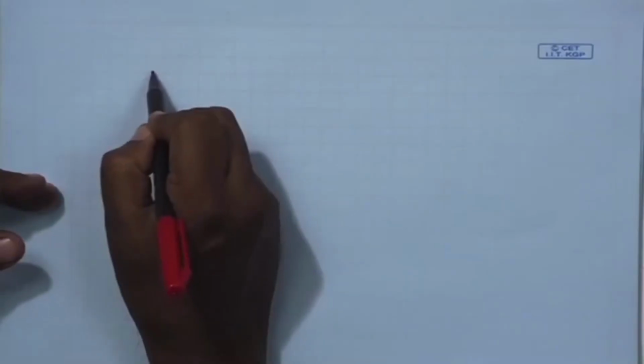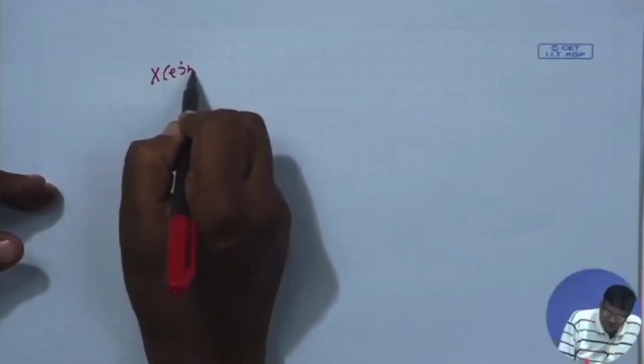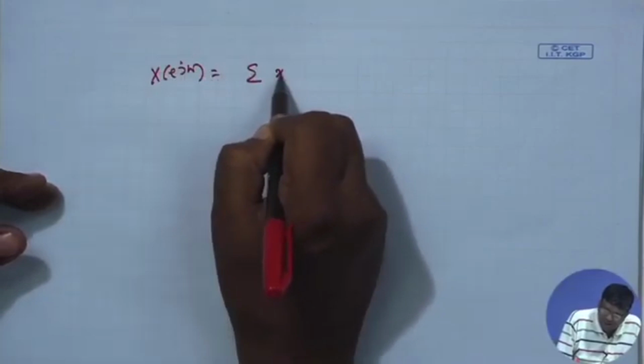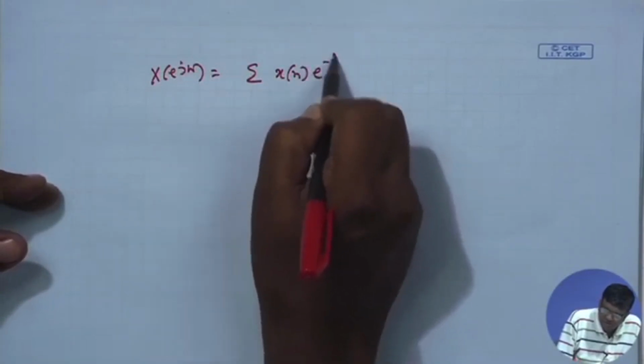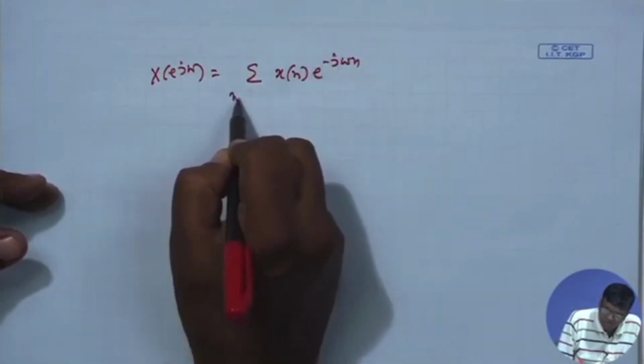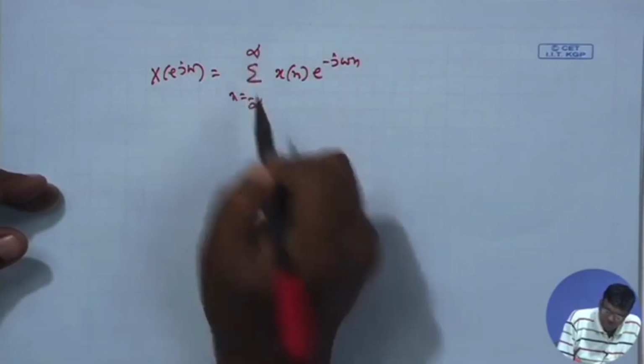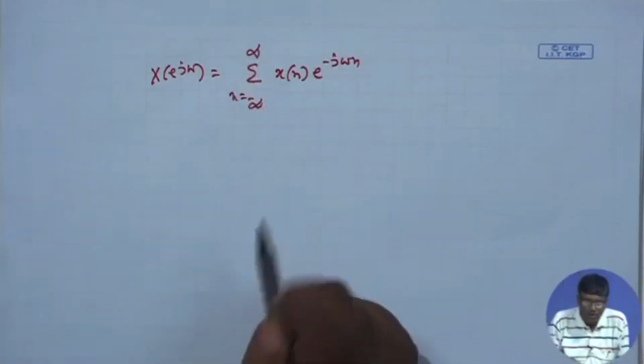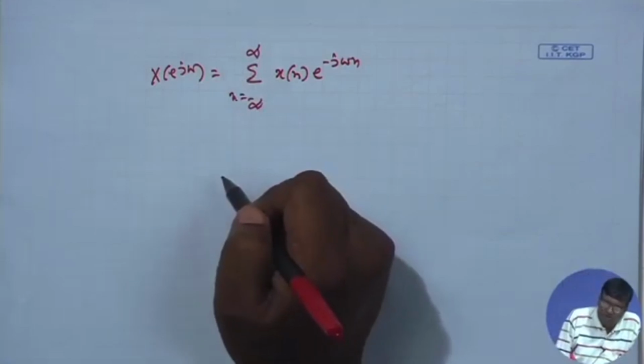The next thing: I have assumed that this summation, the DTFT, exists. But you see this is an infinite summation.